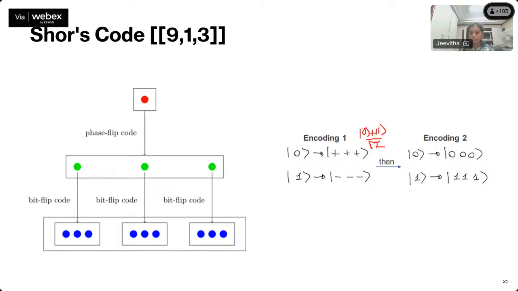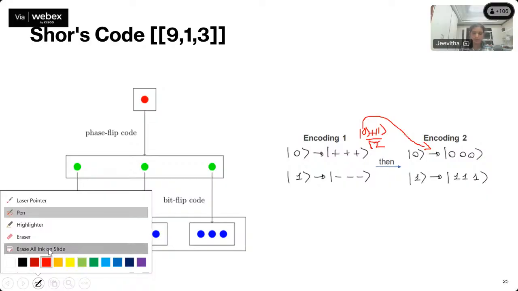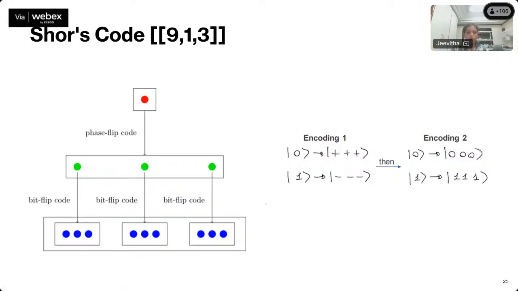So here each 0 is again encoded as 3 qubits. So this is the outer encoding, and here each 0 is encoded as 3 bits. So this is the inner encoding. So that's how we're going to get 9 qubits in total, which I'm going to explain in detail in the next slide. So I hope you got an idea about Shor's code.